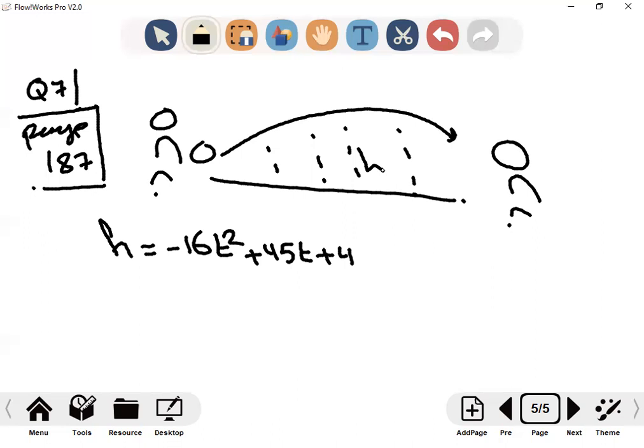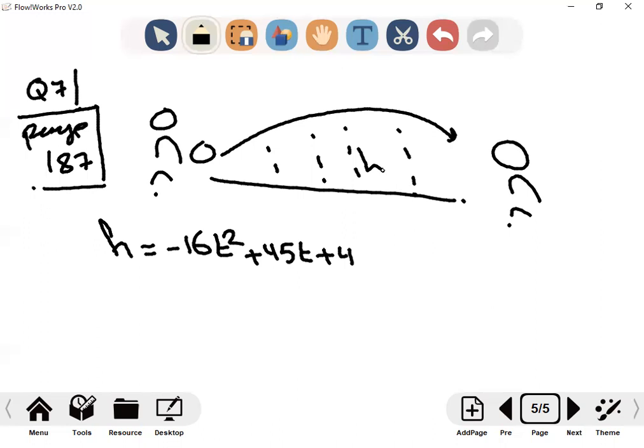So the question asked me about time, not height. How much time does this ball need to hit the ground? Now, when the ball hits the ground, the height equals 0. So we need to find the time when the height is 0.